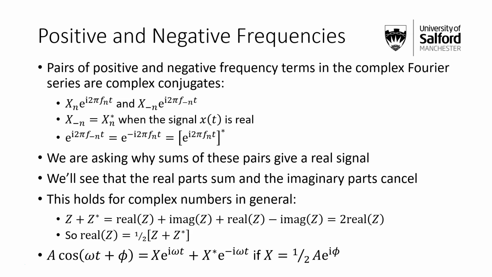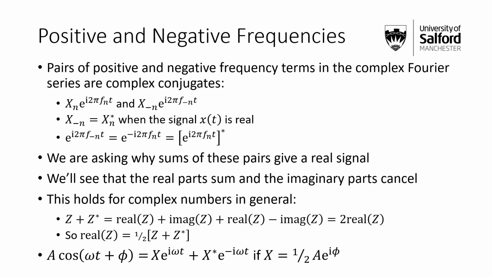So when we were doing things before and I was saying that A cos(omega t plus phi) was the real part of c e to the i omega t, then that is the same as this, but now we've got two terms instead of just the c, and instead of taking the real part, we're using both of them. We have this complex conjugate relationship, and the x's have only got half the amplitude that the single complex amplitude c would have had. So it all works out quite nicely, but you find that the amplitudes are halved because we've got positive and negative ones.